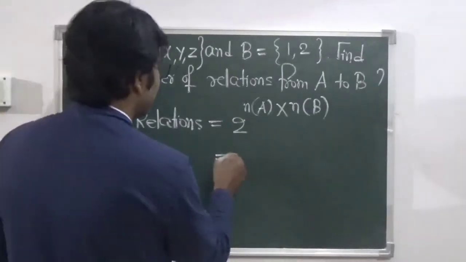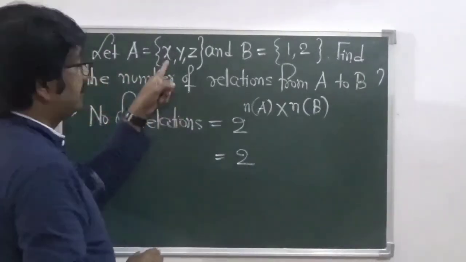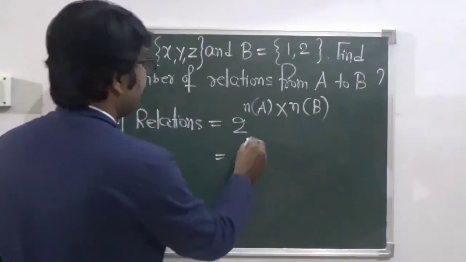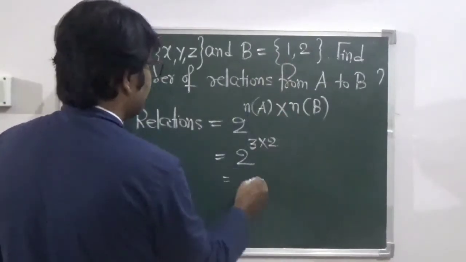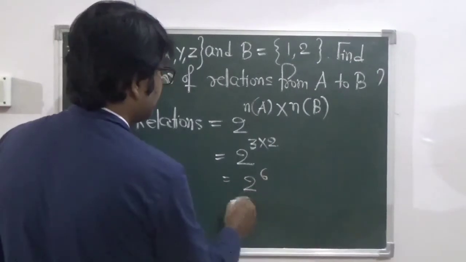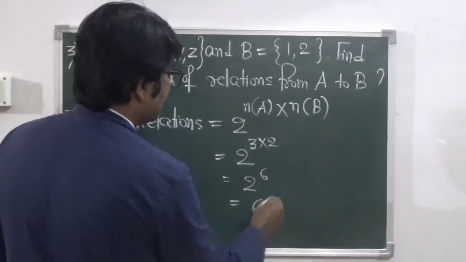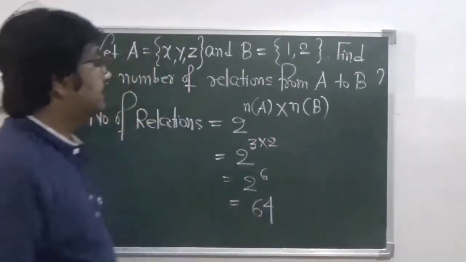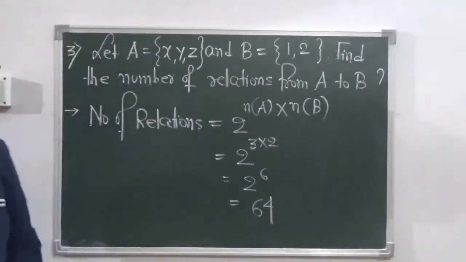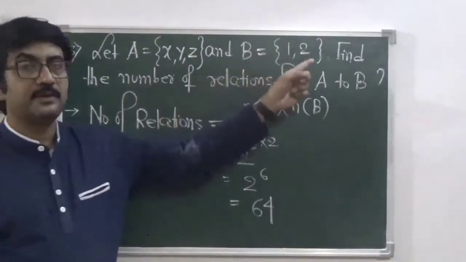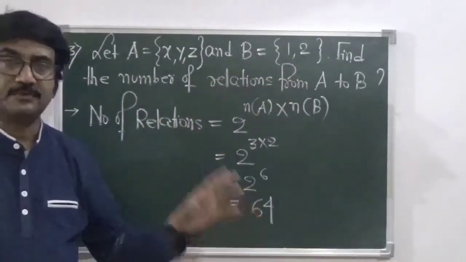So this is 2 power 3 multiplied by 2, so it comes to 2 power 6, and that comes to 64. So the total number of relations that can be defined from set A, having 3 elements, to set B, having 2 elements, is 64.